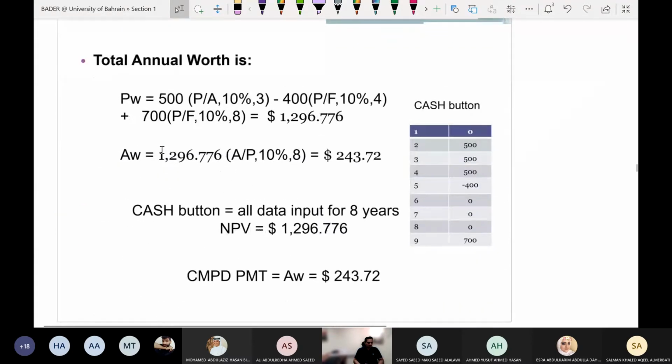Another approach, which was also adopted, is that everything should be collected at present, and then I'm saying, okay, this is the accumulation of the collection, and now what do you want me to do? You want the annual worth? Find A given P over the period. So this was a good thing so that we can learn what the issues are if we have different variables at different intersections.